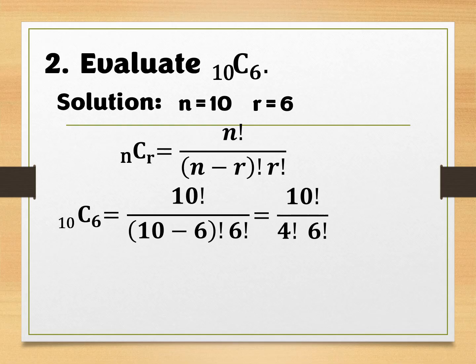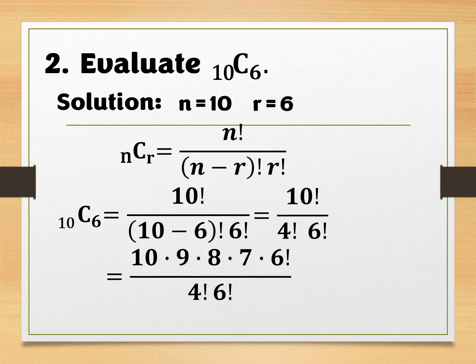And then next, we're going to simplify. So 10 factorial is equal to 10 times 9 times 8 times 7 times 6 factorial, and the denominator is 4 factorial times 6 factorial. And we can cancel 6 factorial. And then next, we're going to multiply 10 times 9 times 8 times 7 and then divide it by the value of 4 factorial.